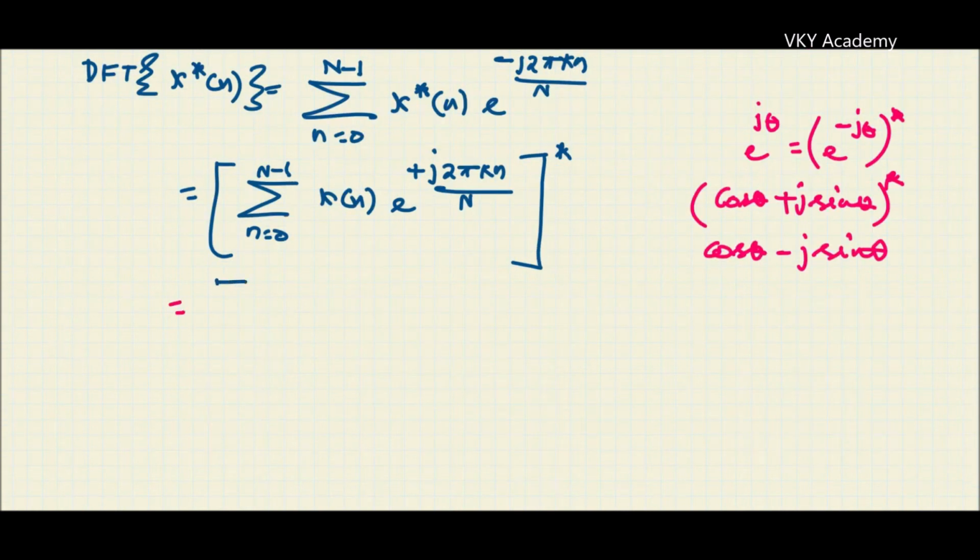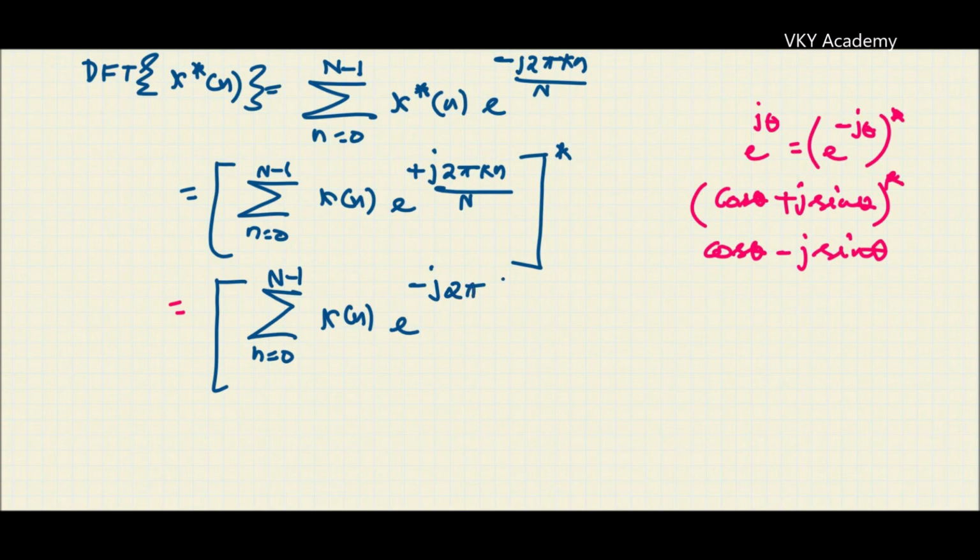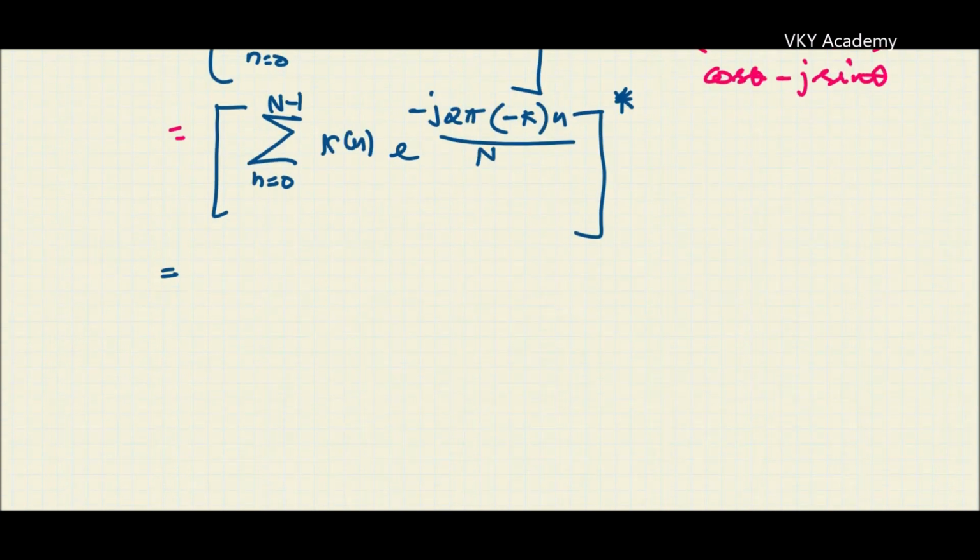Now this can be written as summation n is equal to 0 to capital N minus 1 x of n e to the power minus j 2 pi minus k into n upon capital N, whole conjugate. Now this is the formula of discrete Fourier transform, where my frequency term is minus k.